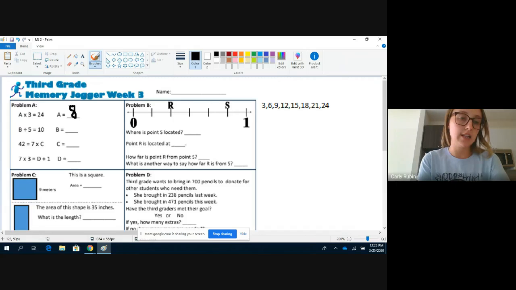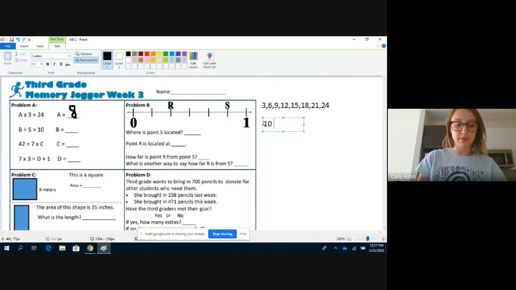All right, the next one. B divided by 5 equals 10. Well, again, I can use the opposite operation. I see division is being used here, so I can use multiplication to figure out what B equals. So I can do 10 times 5.